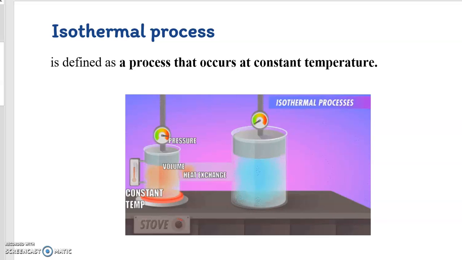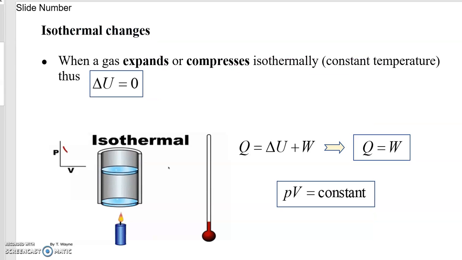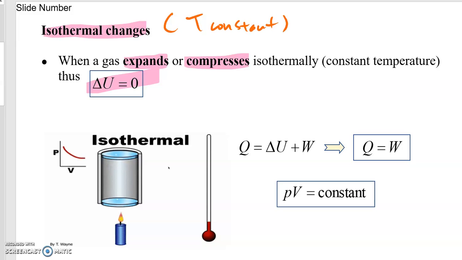Okay, an isothermal process is defined as a process that occurs at constant temperature. For the isothermal process, when the gas expands or compresses, remember that delta U equals 0 because the temperature is constant.